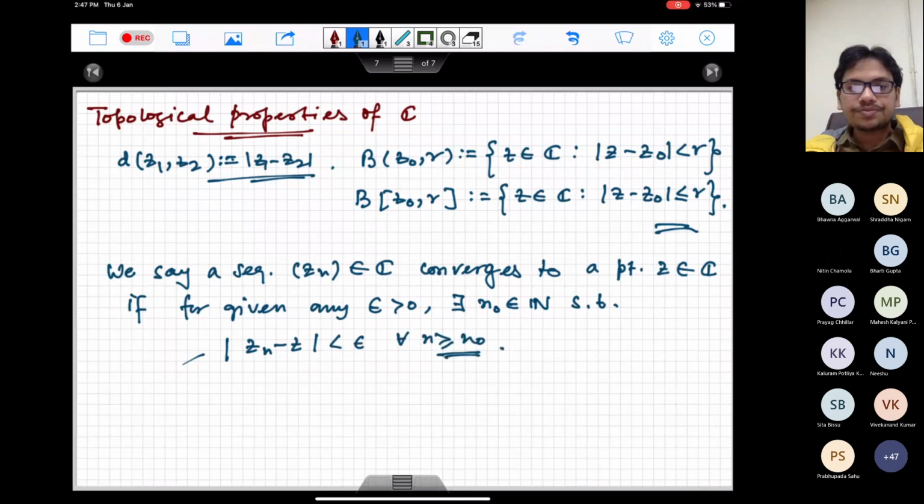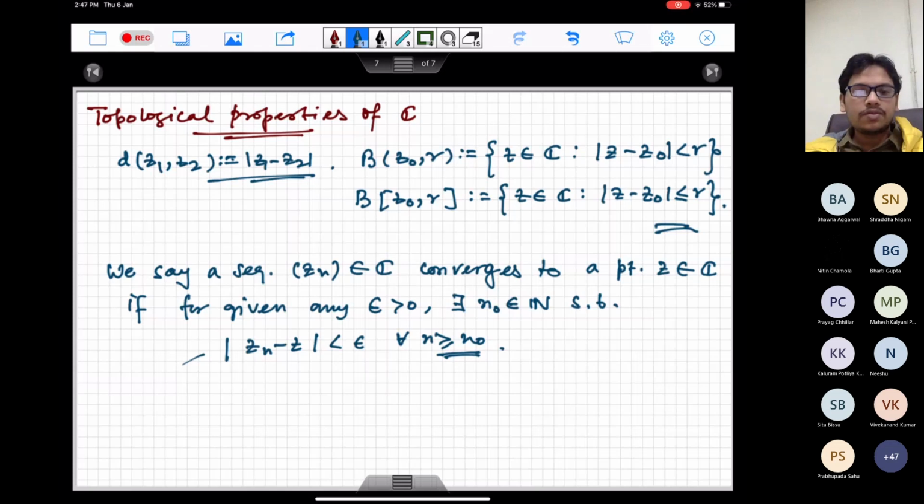This is the standard definition of sequence convergence that you have seen in R. We can do the same thing in C also. The moment you have a distance, you can similarly define what it means for your sequence to be convergent.